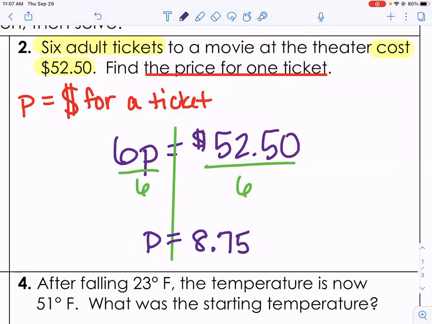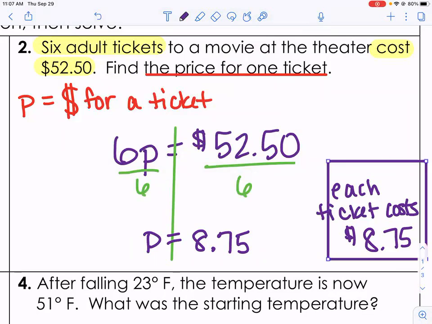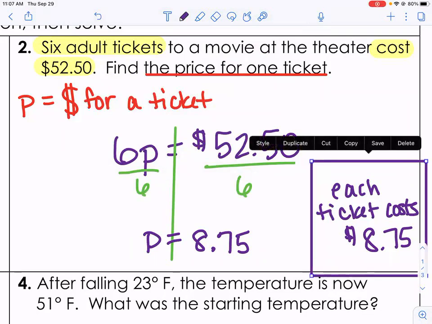So she got 8.75. So we can write that each ticket costs $8.75. If you wrote $8.75 per ticket, that means the same thing. I would be totally happy with that.